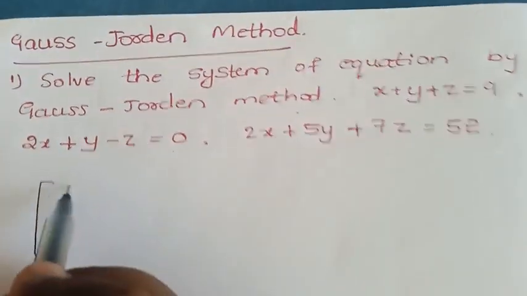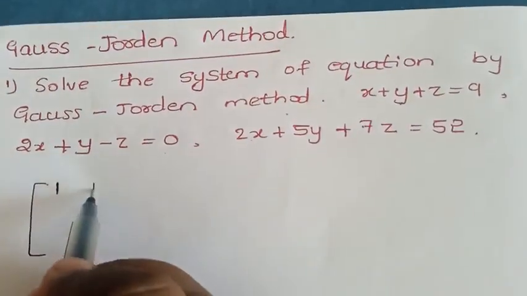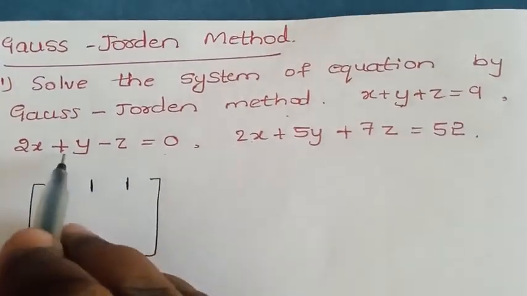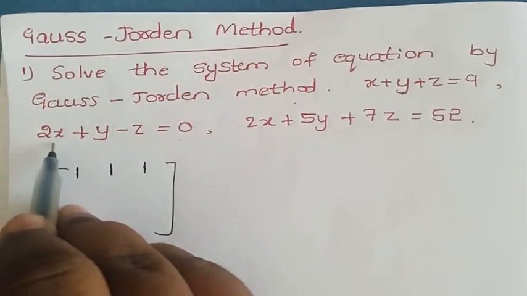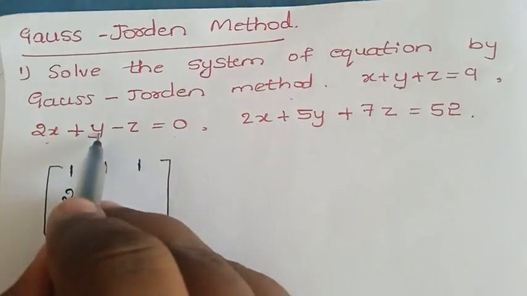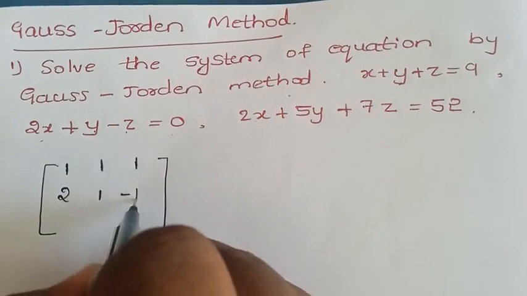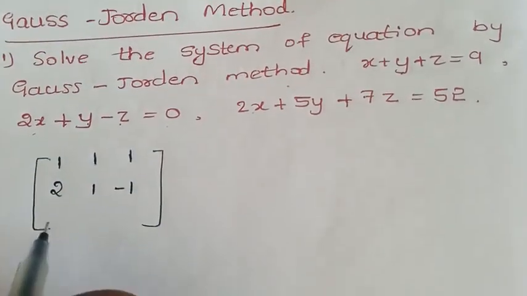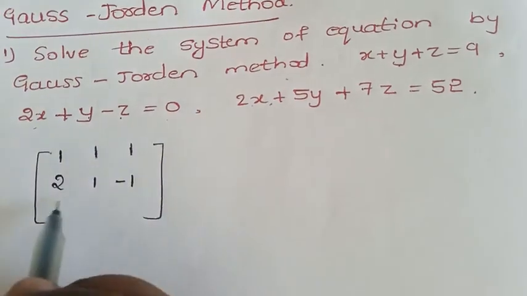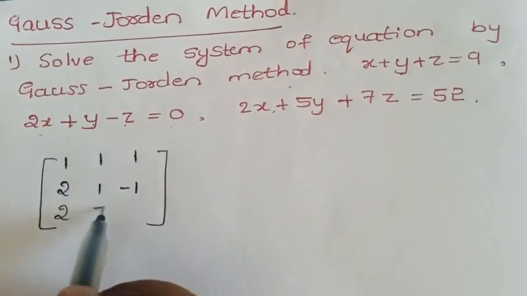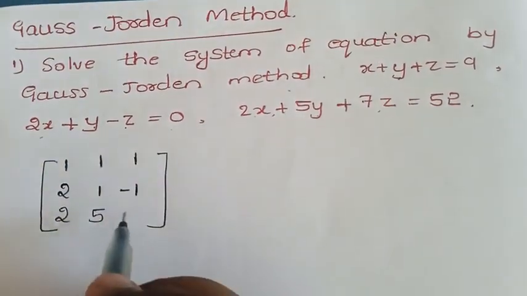x variable's value 1, y variable's value 1 and z variable's value 1. In the second equation, x variable's value 2, y variable's value 1, then z variable's value minus 1. Then the third equation, x variable's value 2, y variable's value 5, then z variable's value 7.